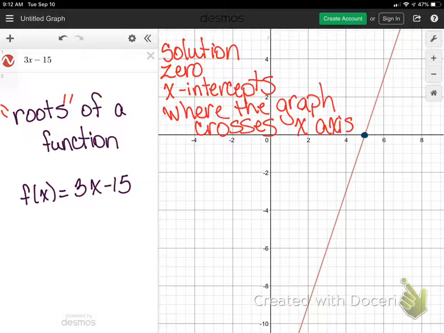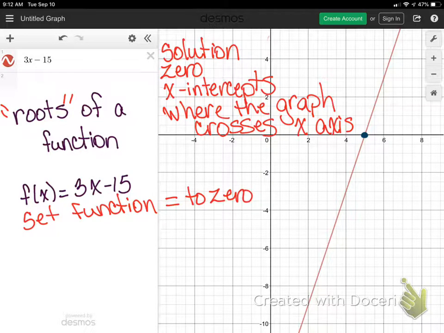And the way that we do this is we set the function equal to 0. That's how we solve this. So I've got 0 equals 3x minus 15. I add 15 to both sides.